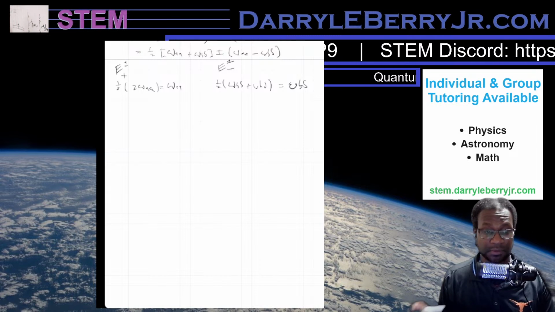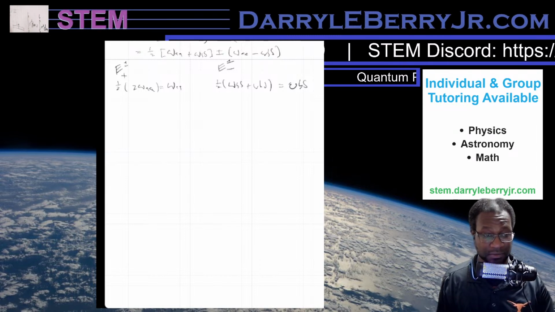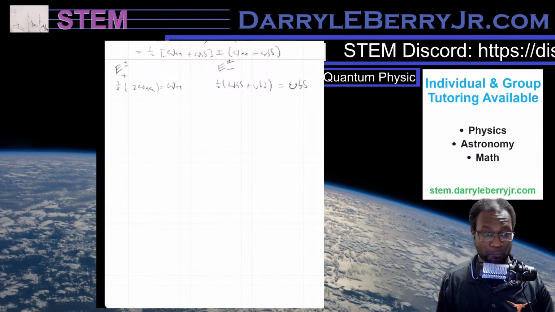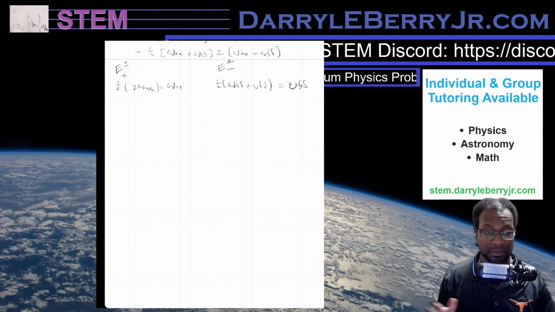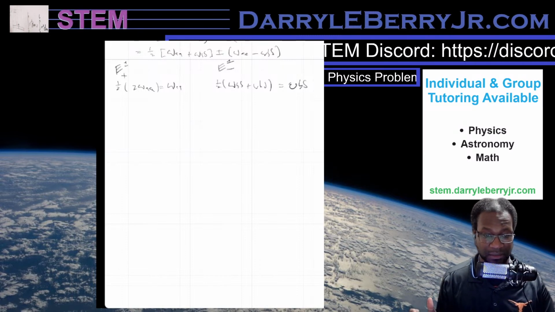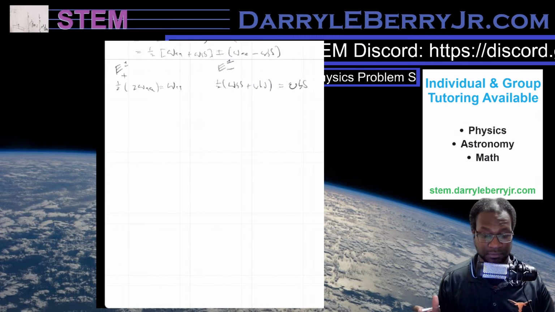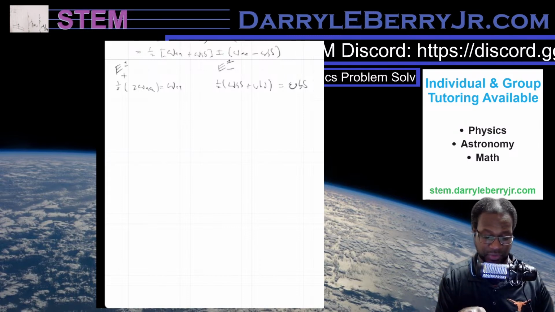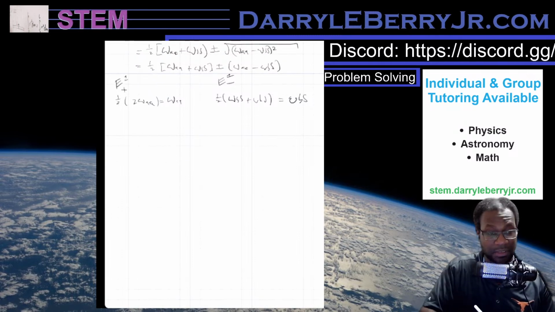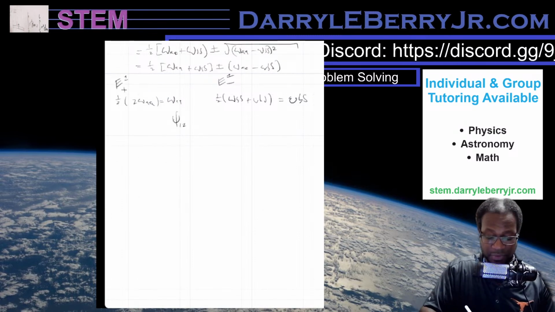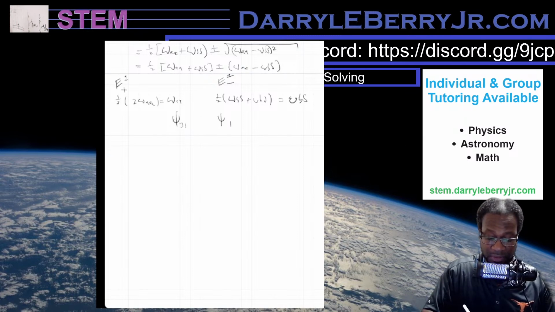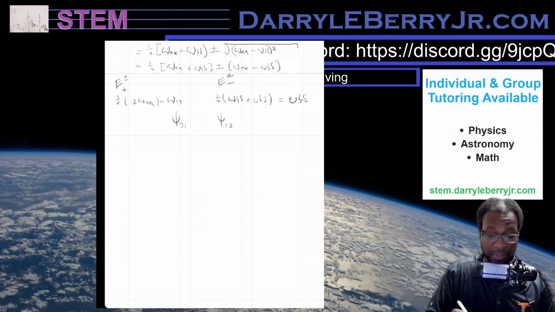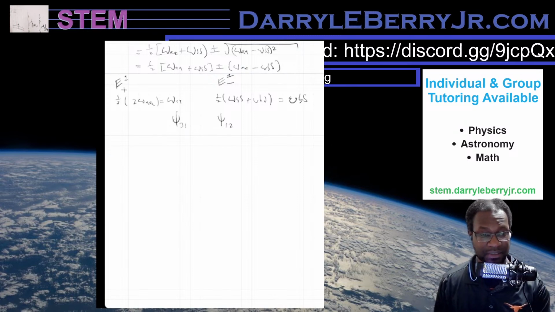And then all that's left to do is to get the degenerate states. So since the eigenfunctions themselves are the states, the psi 1, 2 and psi 2, 1, or in this case, psi 3, 1 and psi 1, 3 are the first excited degenerate states.